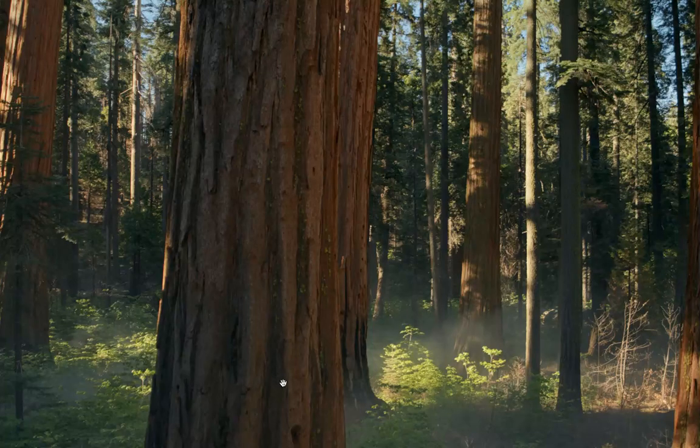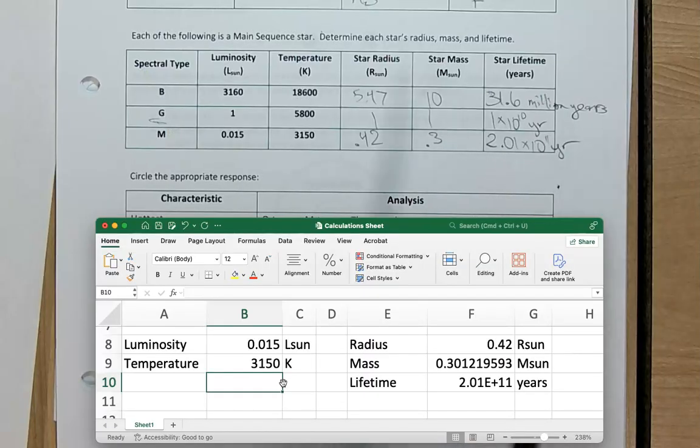What is that? 200 billion years, right? Our sun is going to live for 10 billion years. This star is so dim and it's burning that fuel so slowly, it's going to live for 200 billion years, which is objectively a long time.